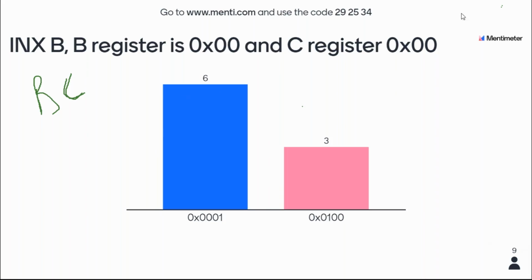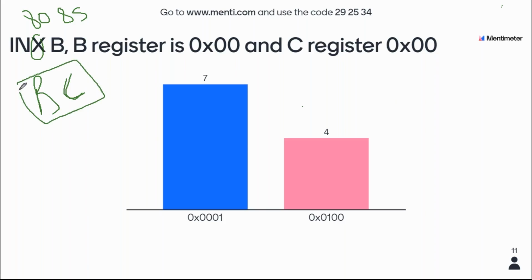So I think I have 10 answers. I will explain the answer as well so that it makes sense for you, because probably the concept is new to you. This is from a processor called 8085, in which there are two registers B and C. When I do an INX B, it takes both these registers together as a single 16-bit register and then increments it by 1.